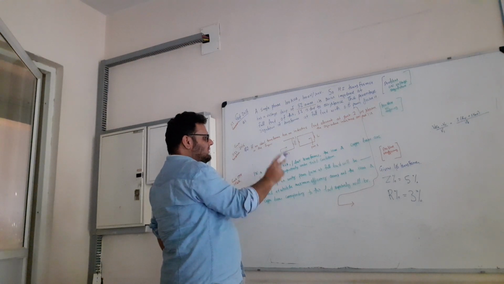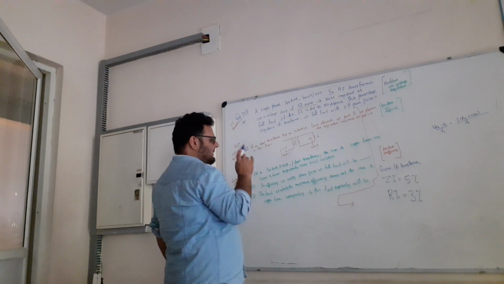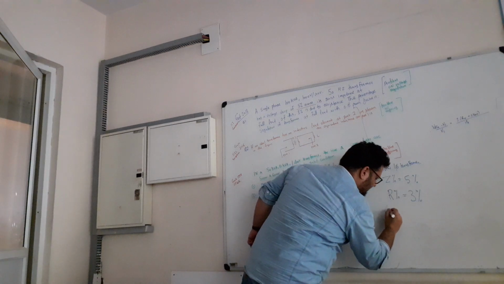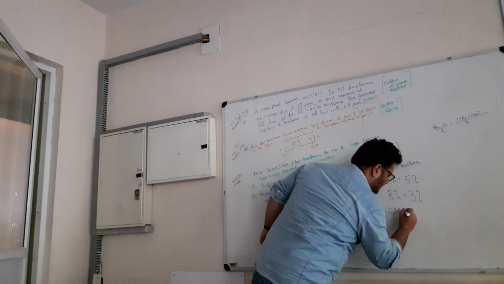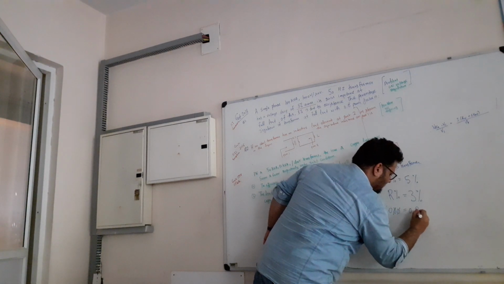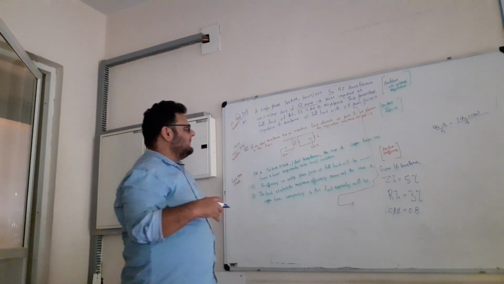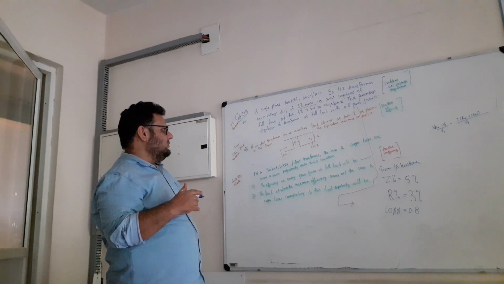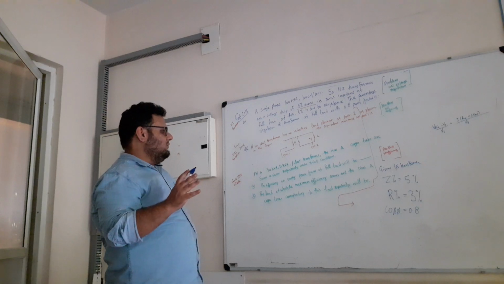So now we know the value of Z percent and R percent. The power factor cos phi is 0.8. From here he is expecting us to calculate the percentage voltage regulation at full load.